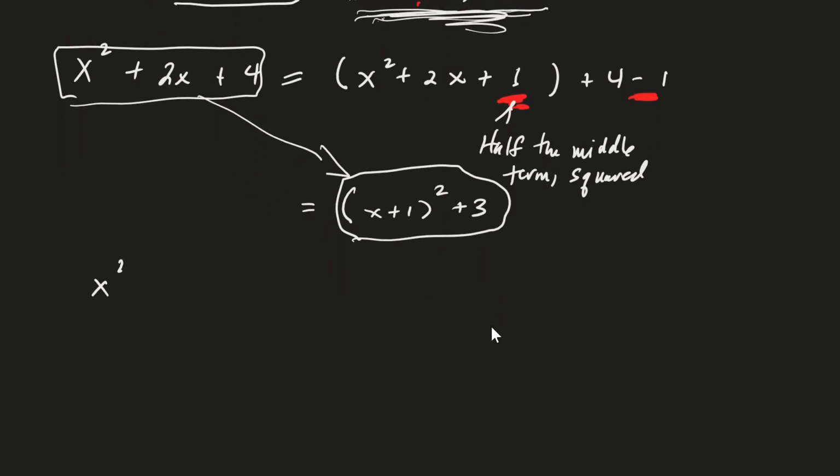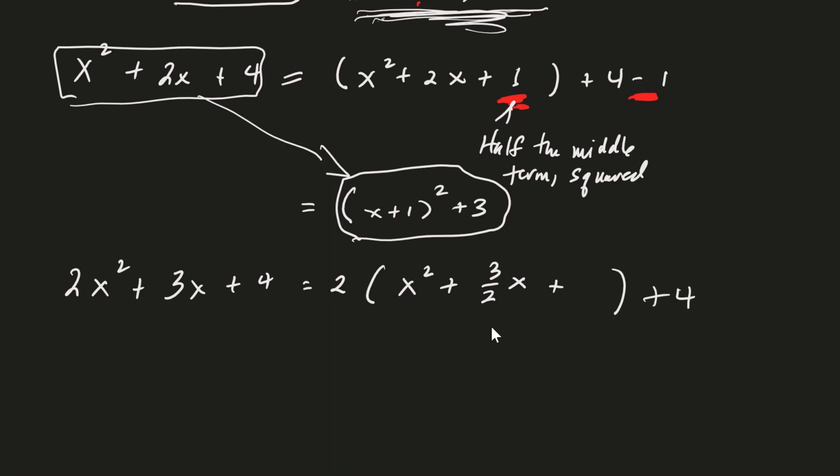How about 2x squared plus 3x, we'll get some fractions in here, plus 4. Okay, so first we want to pull out that 2. So then we'll have x squared plus 3 halves x plus something, and then we'll have the plus 4 on the outside.